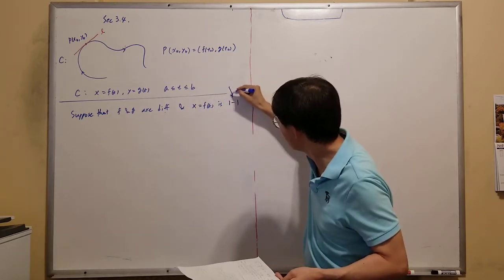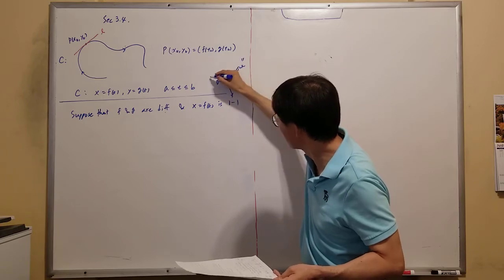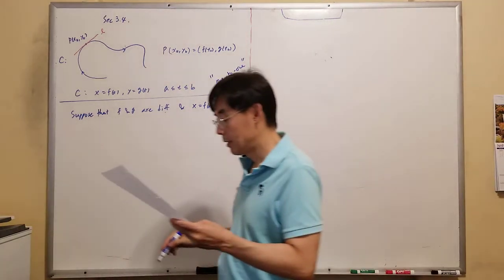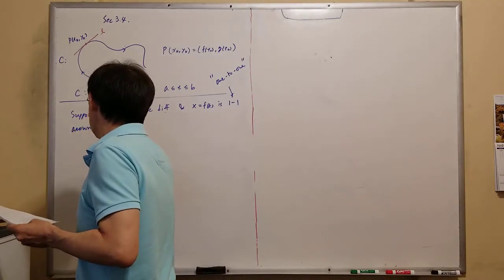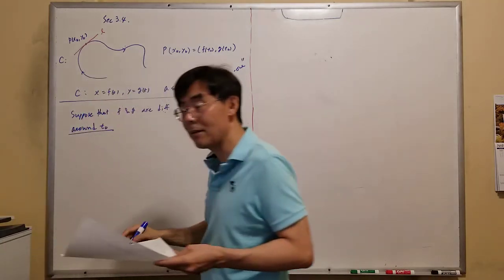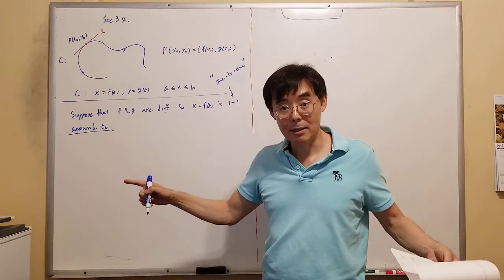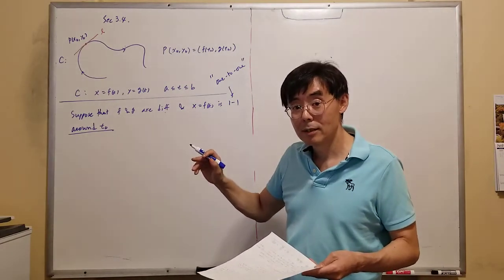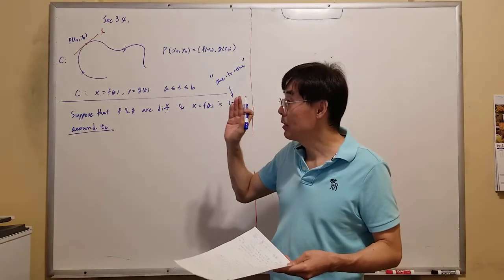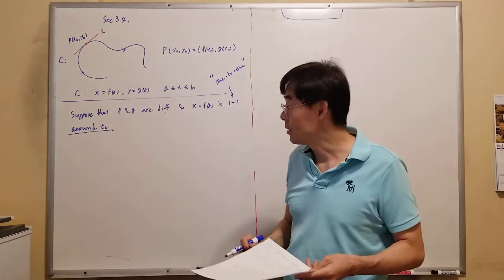This means a 1 to 1 function, at least around t0. Okay? It doesn't have to be 1 to 1 over the entire time interval, but at least around t0 it is 1 to 1. So the x coordinate will not be repeated for different t values, at least around t0.